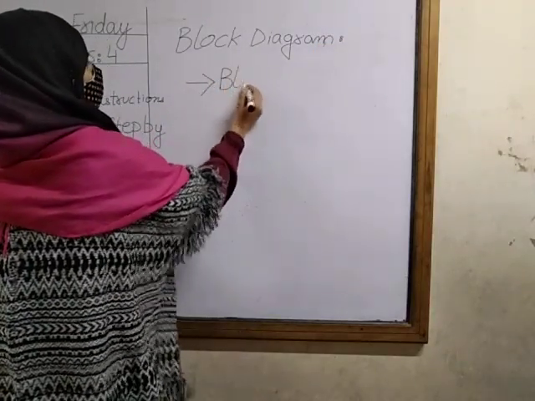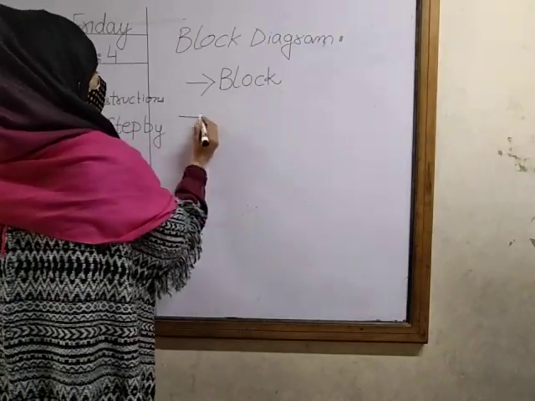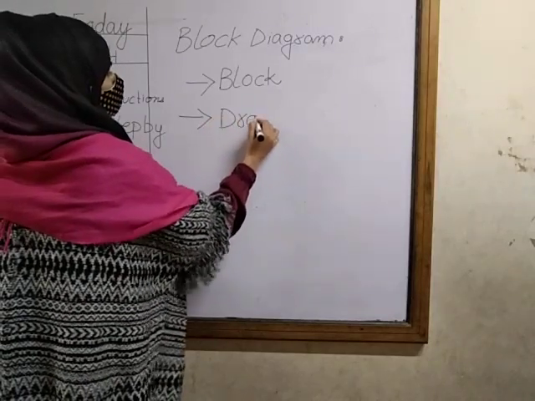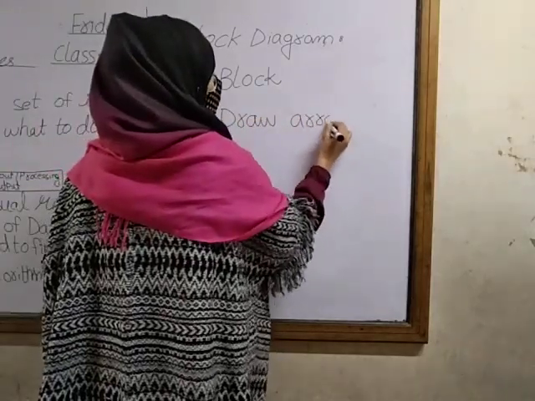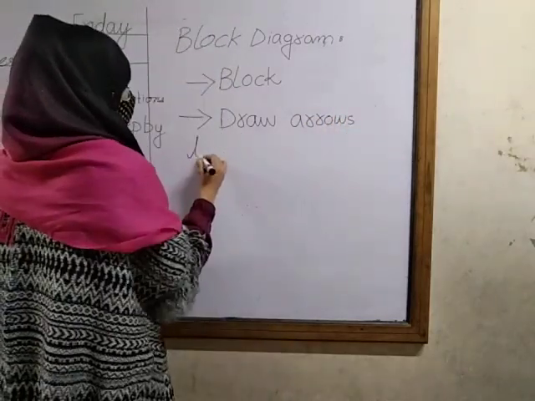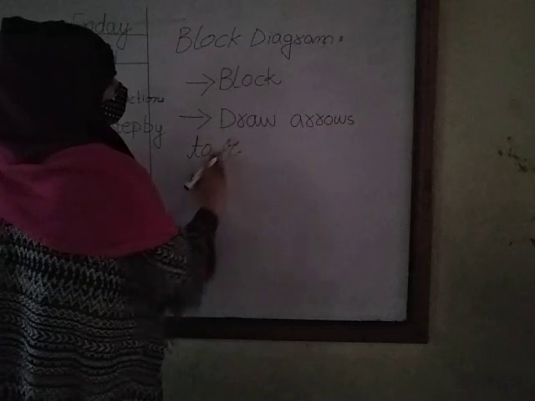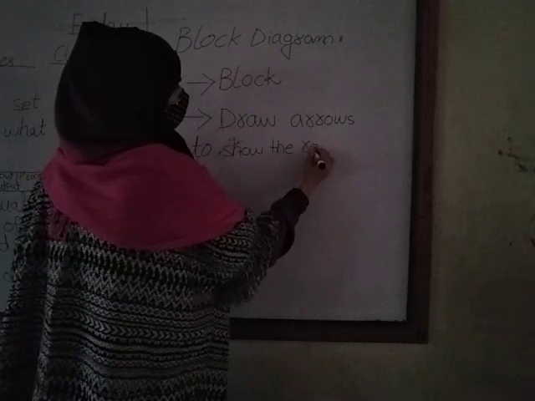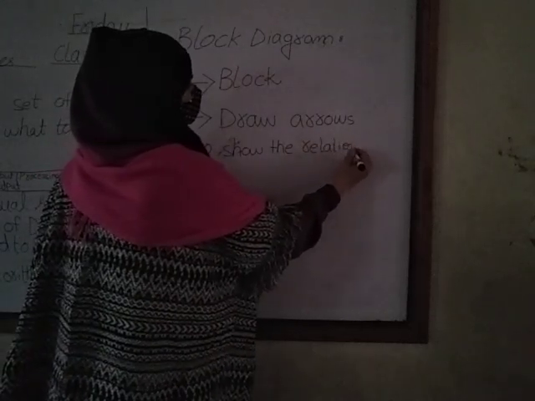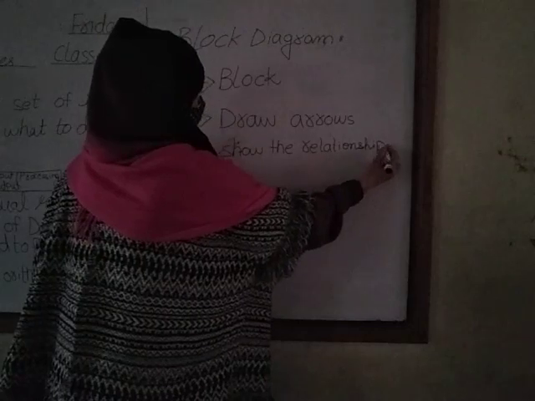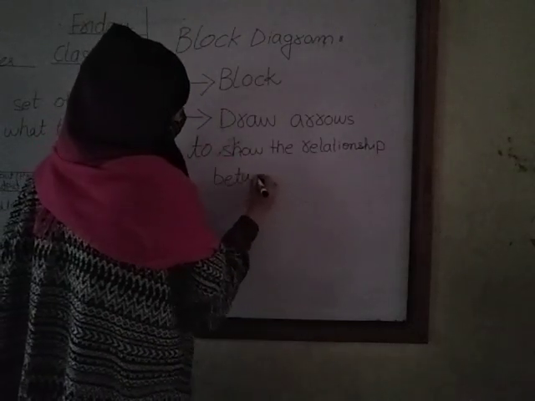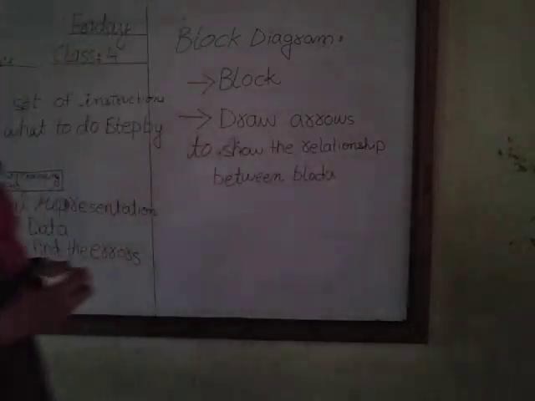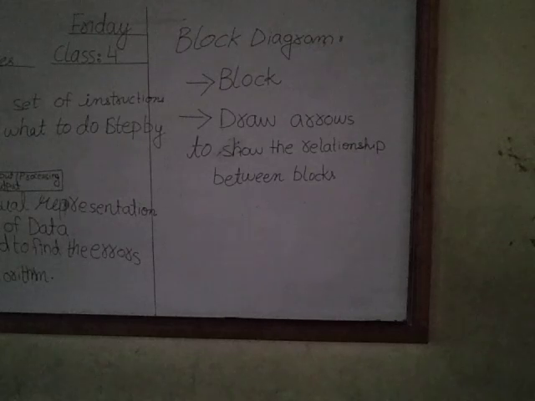In a block diagram, we draw blocks and draw arrows to show the relationship between blocks, or blocks are connected.